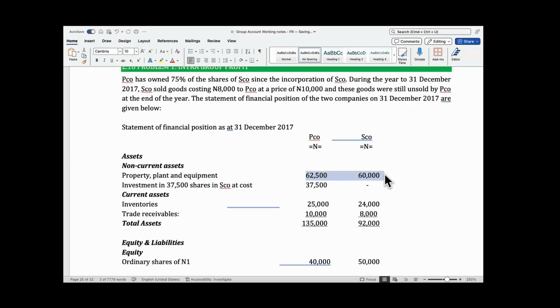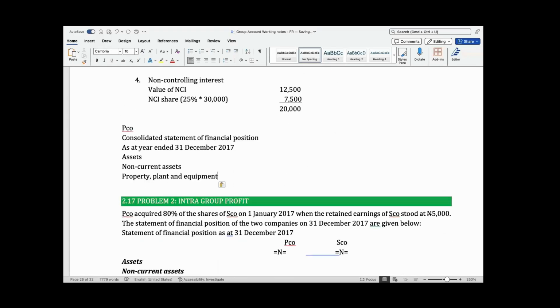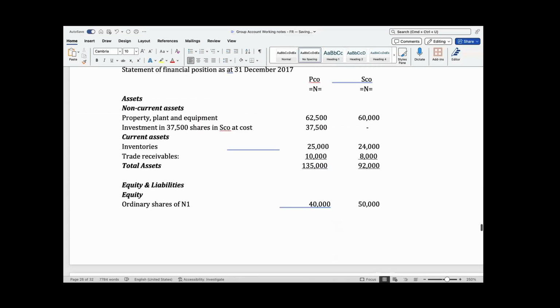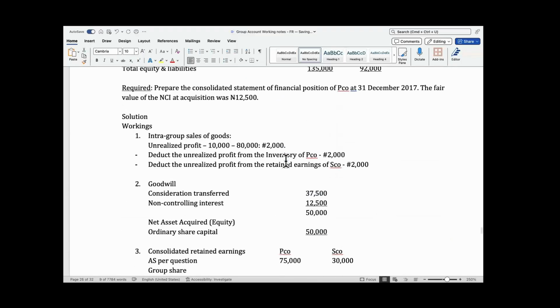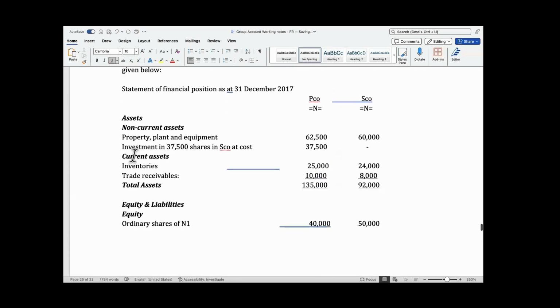The two gives me 122,500. Then the next item, which is my investment, that has been cancelled out and there was 0 goodwill. Then my current assets, I have my inventory. What's the addition of these two?